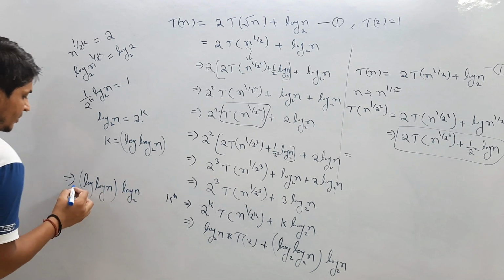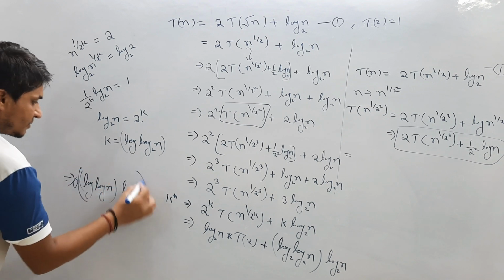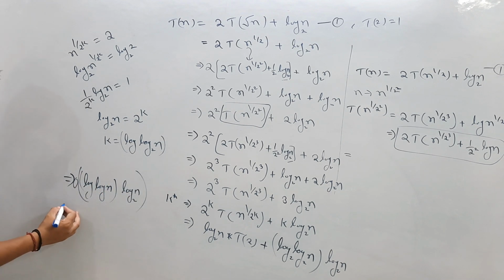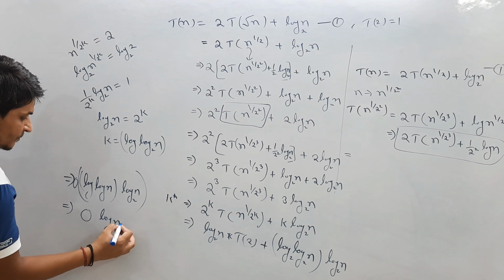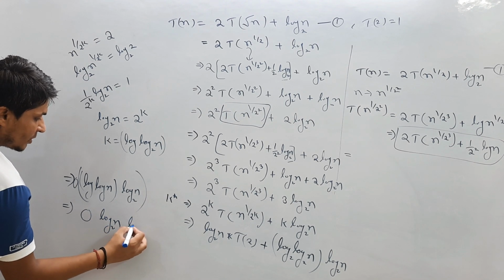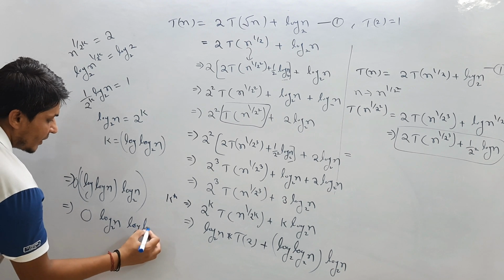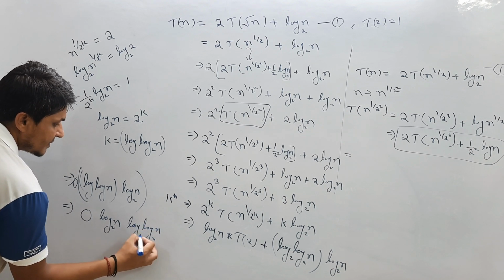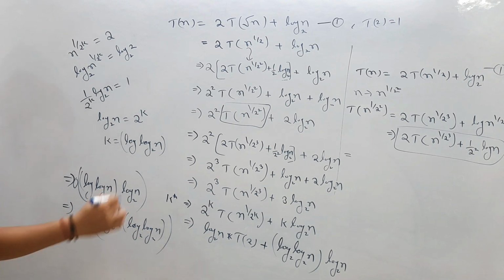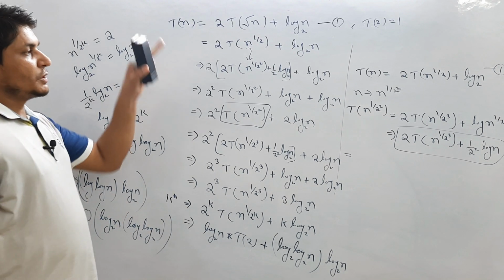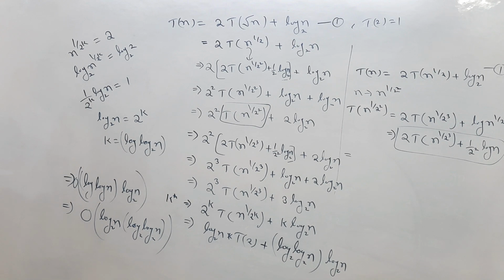So this is going to be your time complexity, order of log n into log n, or it can also be written as order of log n, then log n. So you can write simply like this. So this is the time complexity for this question. This is a very interesting question.